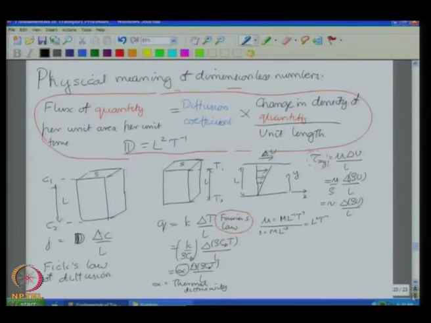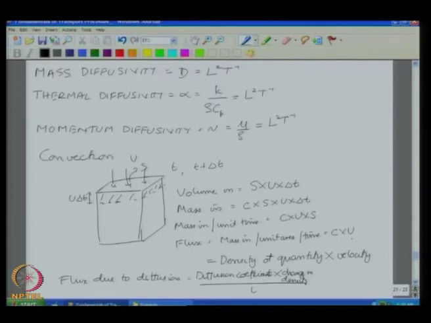The flux due to convection is just equal to the concentration times the velocity.